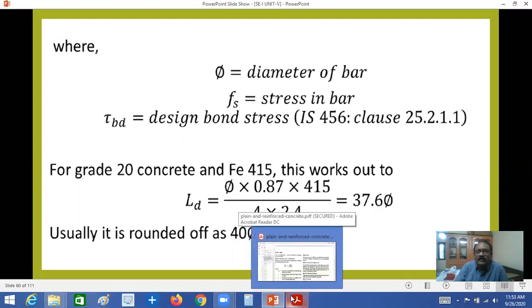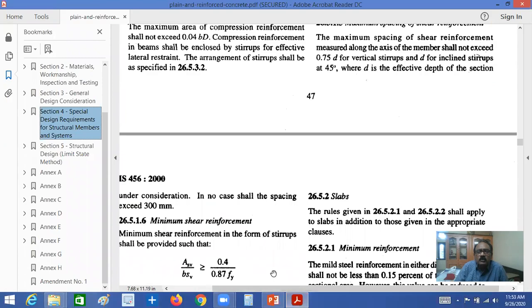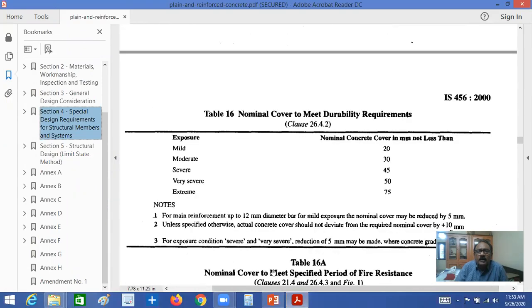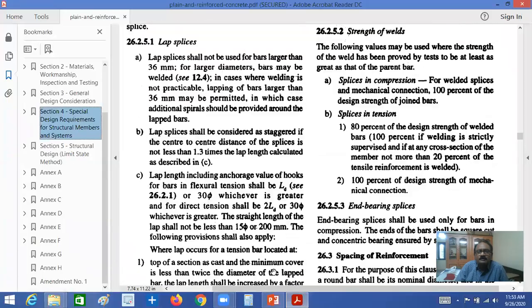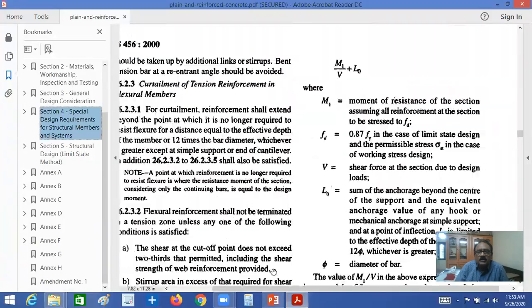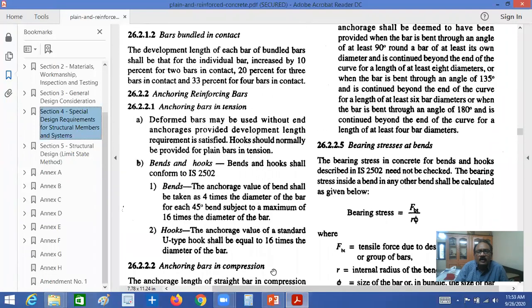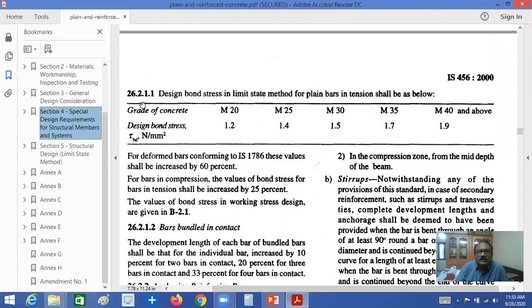You can take it from clause 26.2.1. Here, if you see this table, this is the bond stress, for M20 concrete.